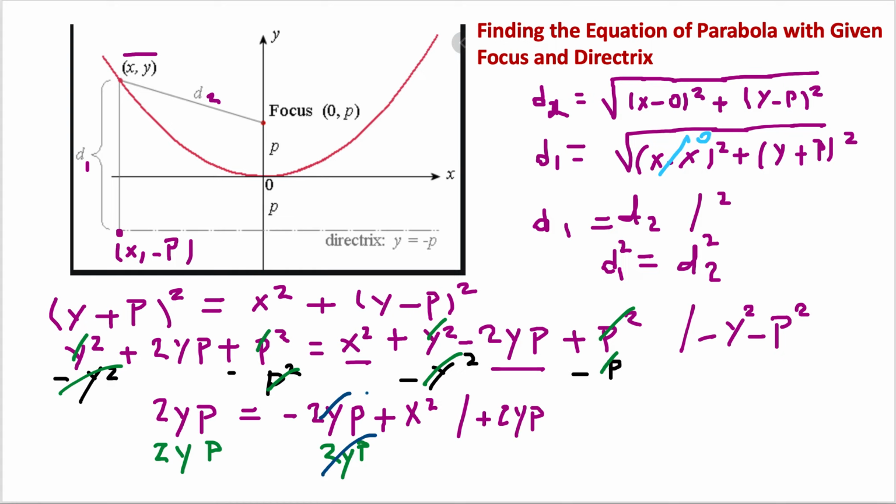What remains is x squared on one side, and on the other side 4py. So we got the equation for the parabola with a given focus and directrix: x squared equals 4py.